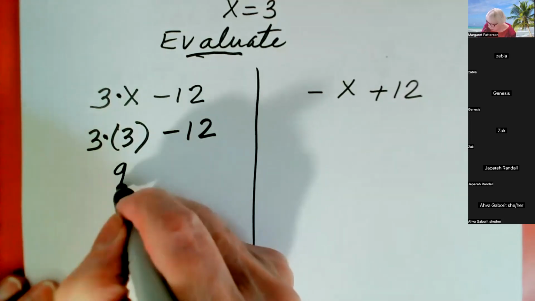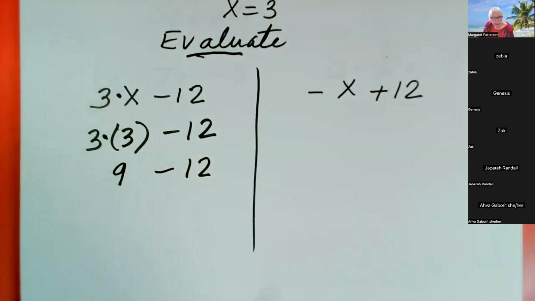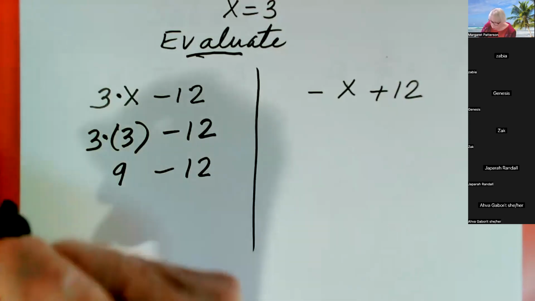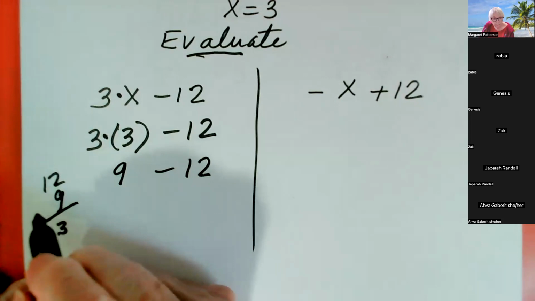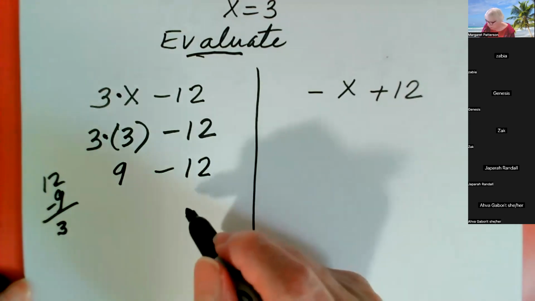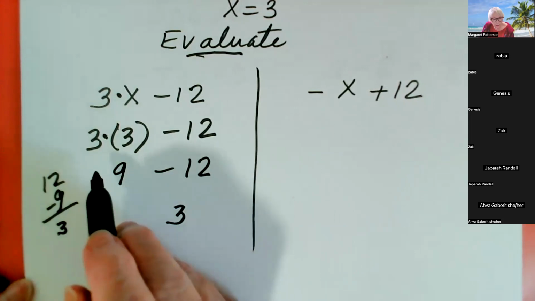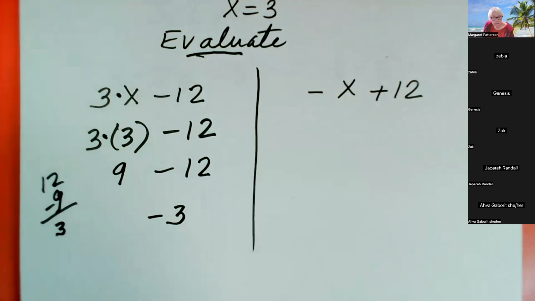So this makes 9, and then you subtract 12. And again, that's like the previous problem. The difference between 12 and 9 is 3. But remember the 12 was negative, that 9 was only positive, so it ends up negative. Same as before.